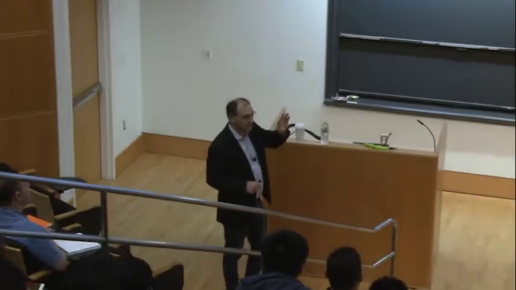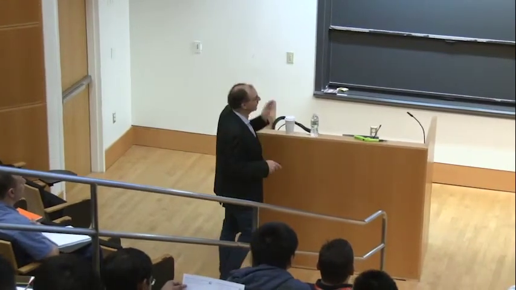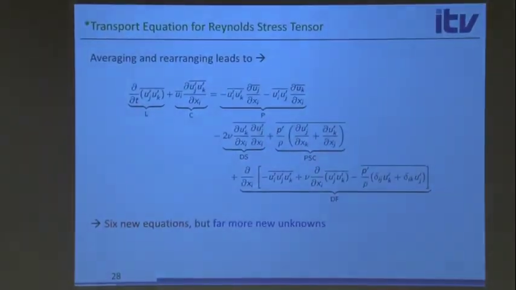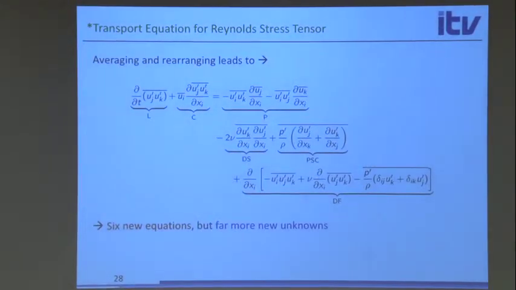So we started out with 6 unknowns, and now we have like 27, okay? So maybe not a good idea, okay? This doesn't work. I mean, every time you derive more equations, you get more unknowns.